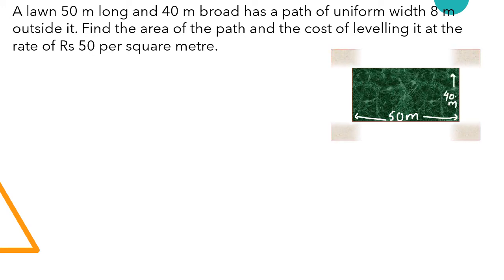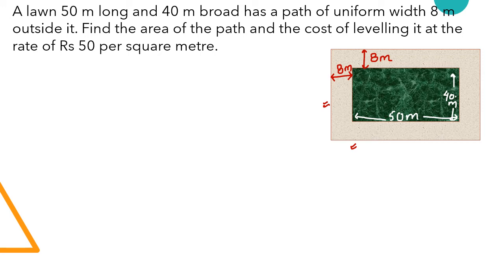Now a path is there outside this lawn, and the width of this path is 8 meter, which means this path is 8 meter broad on all sides. So let us first find out what will be the length and breadth of the outer rectangle, this lawn with the path. We have to find the total length and the breadth of the outer rectangle.